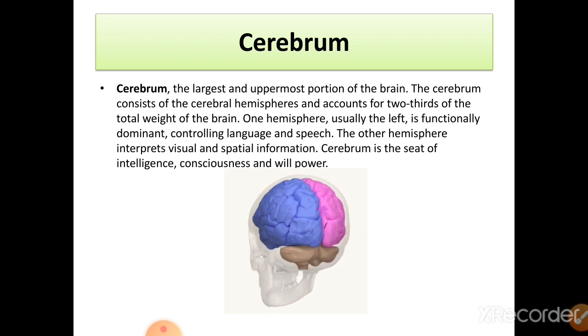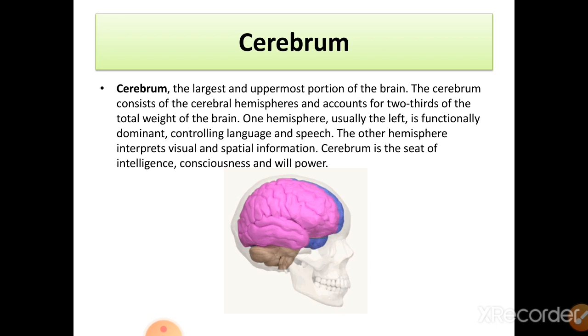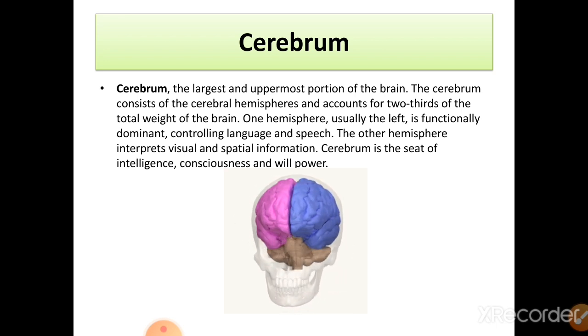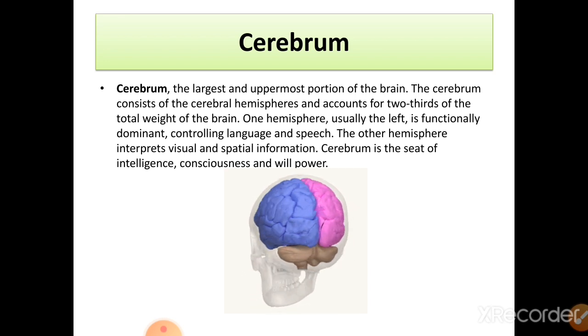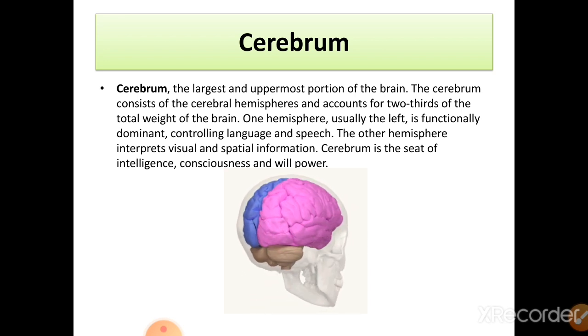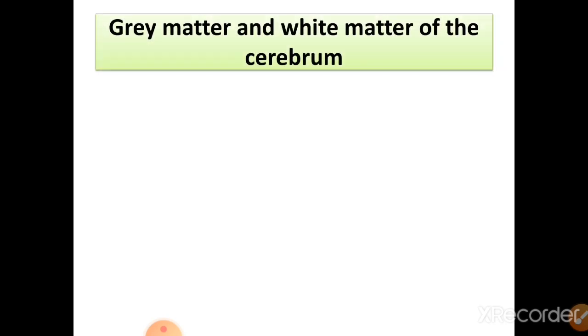Without the cerebrum you'll not be able to understand, your intelligence will be zero, and there'll be no consciousness and willpower. So remember this name, cerebrum.